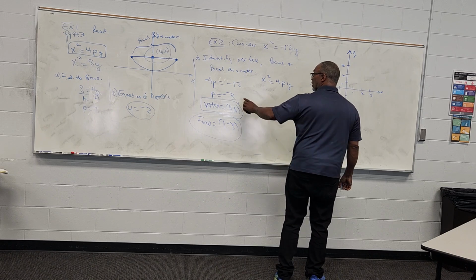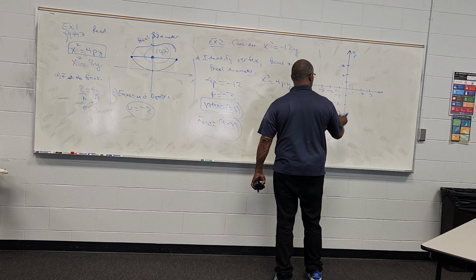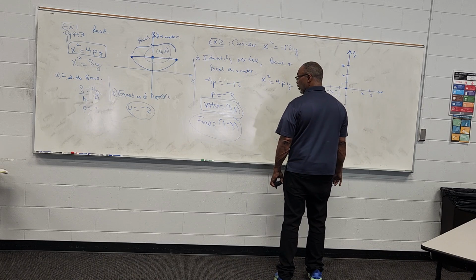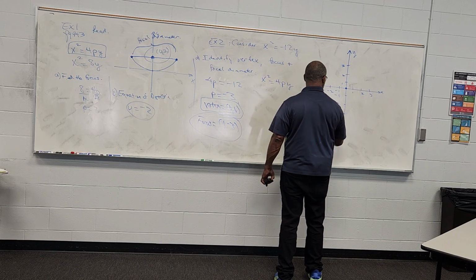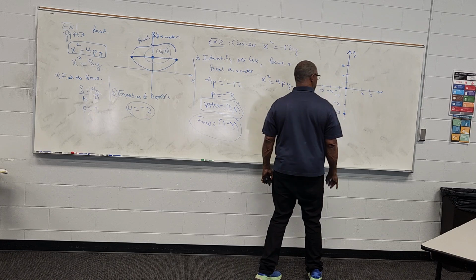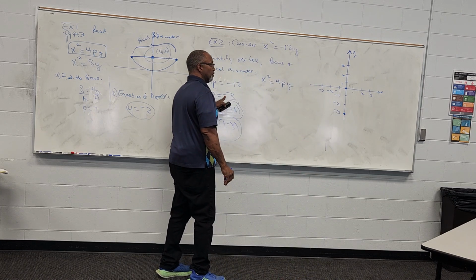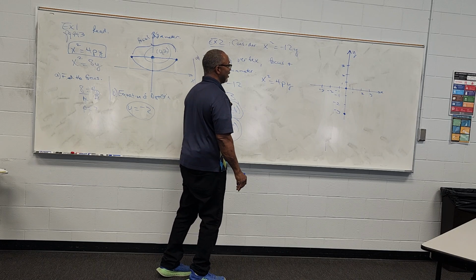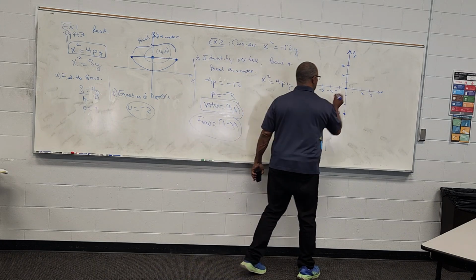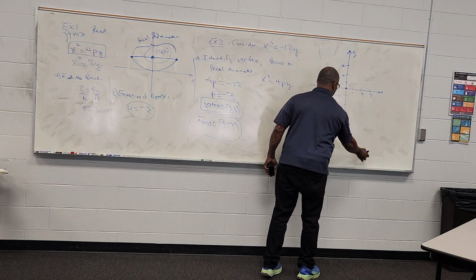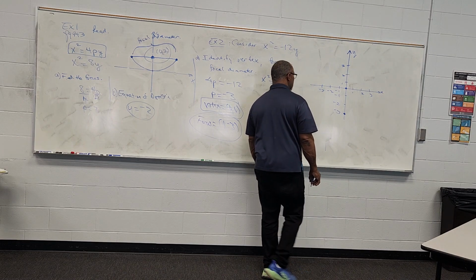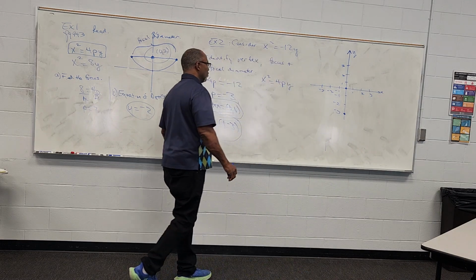I had a vertex at 0, 0. I had the focus at 0, negative 3. P is negative 3, so this thing opens downward. The parabola is going to come down like this, come down like that.